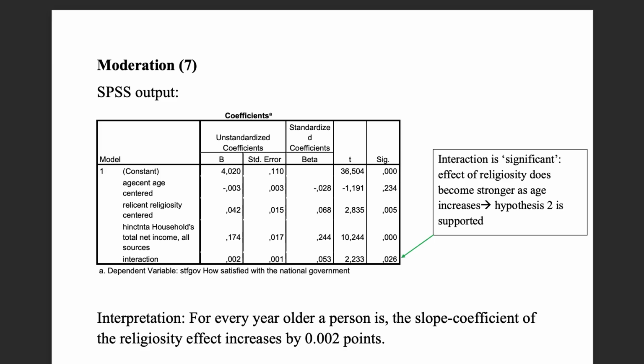Now we have a model wherein we capture that the religiosity effect itself, so what the slope coefficient of the religiosity effect is, how steep the regression line is, actually depends on differences in age. And now we actually captured that in our model.